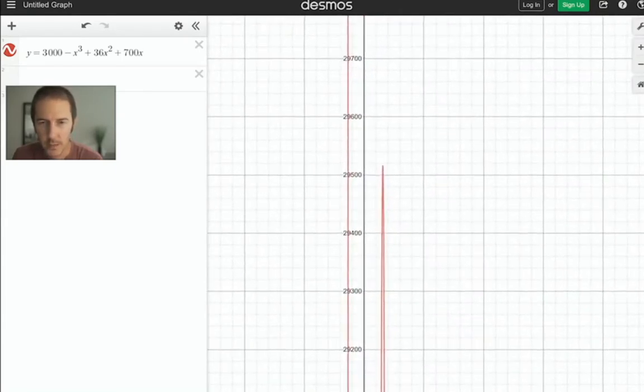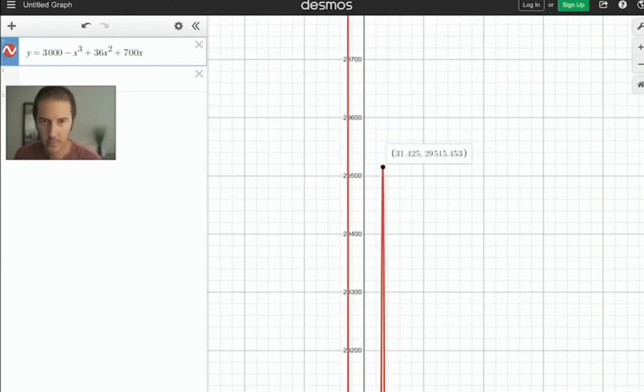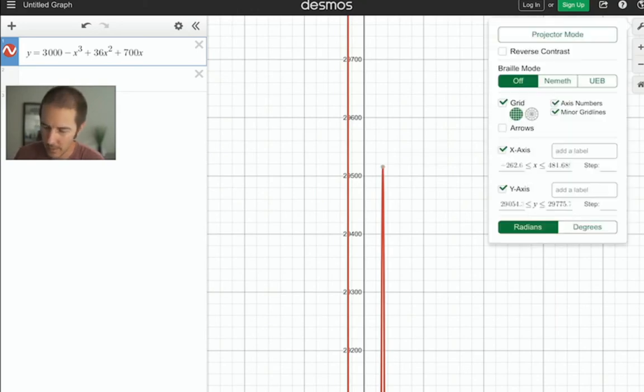So I've zoomed in on what looks like a maximum point right here. Now, we're supposed to be looking at this function between x values of 0 and 20. So in the top right corner of the screen, there's a little wrench above the plus sign. I'm going to click on that, and a little more than halfway down it says x-axis.